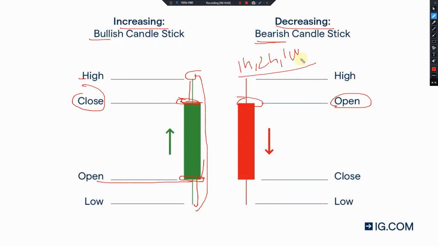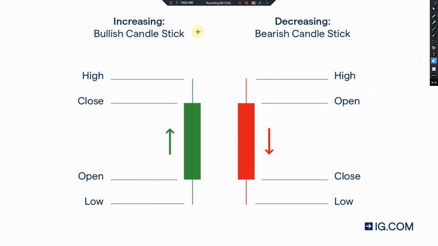I'll show you the charts in the coming slides. So in this red candle, the price opened at the top, went to a high, then with selling pressure came to a low, and with a few buying pressure it came back to the close price. So that's all about the basics of a candle.